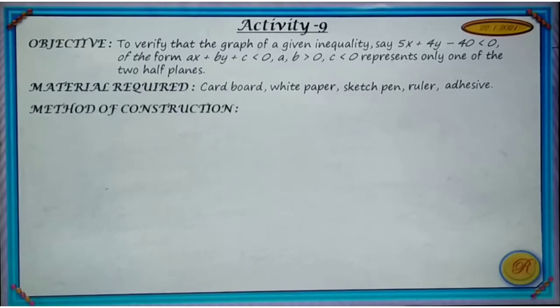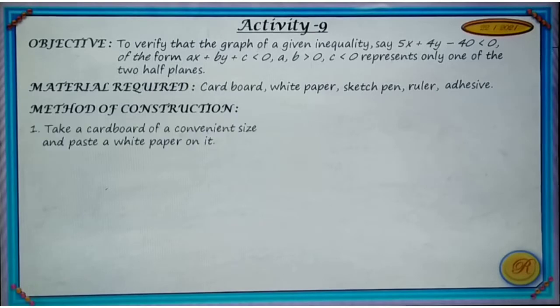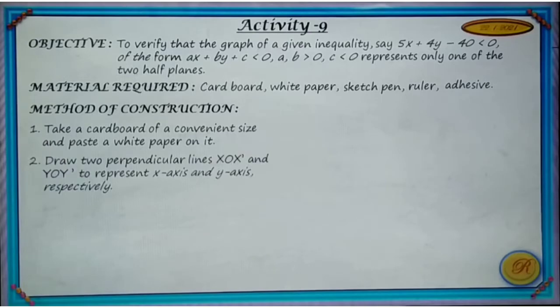Method of construction. Take a cardboard of a convenient size and paste a white paper on it. Draw two perpendicular lines XOX dash and YOY dash to represent X axis and Y axis respectively.